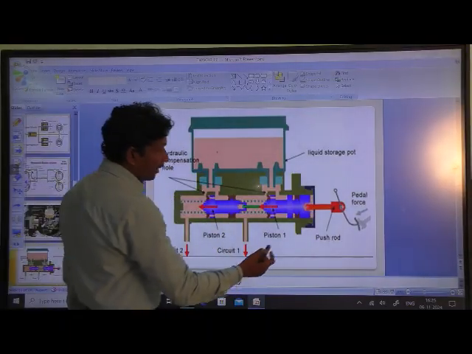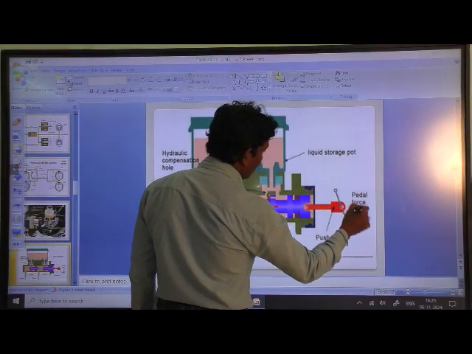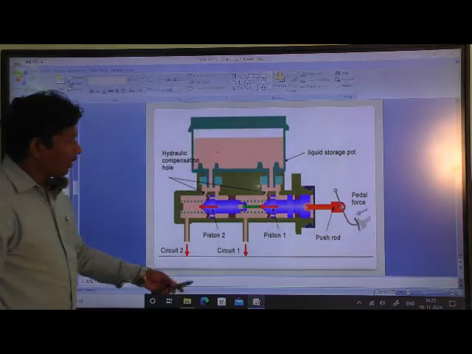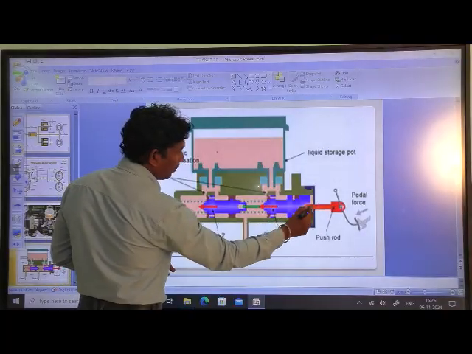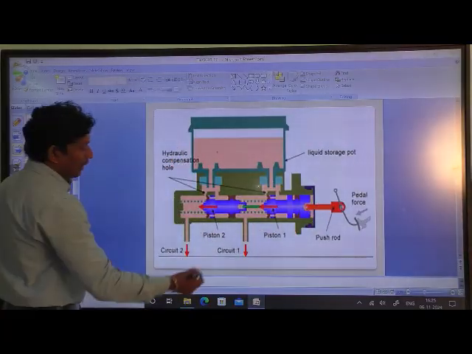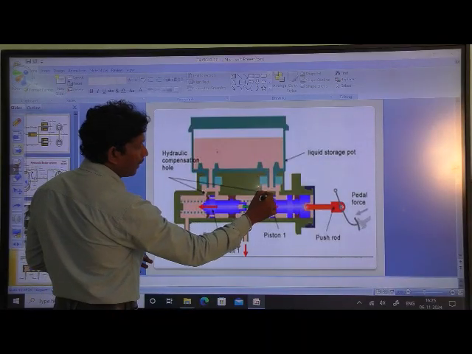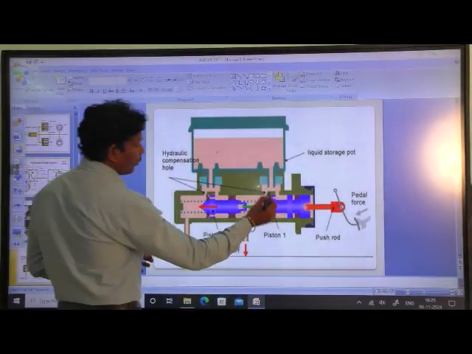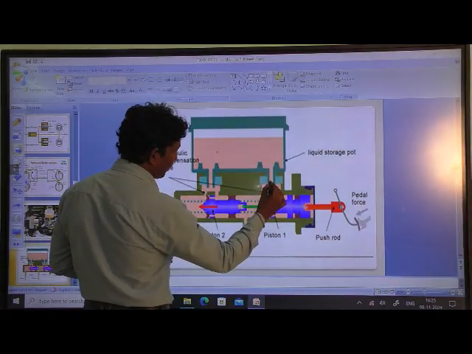Whenever we apply the brake, the push rod of the piston moves forward, and in that position the inlet port of the master cylinder is open.